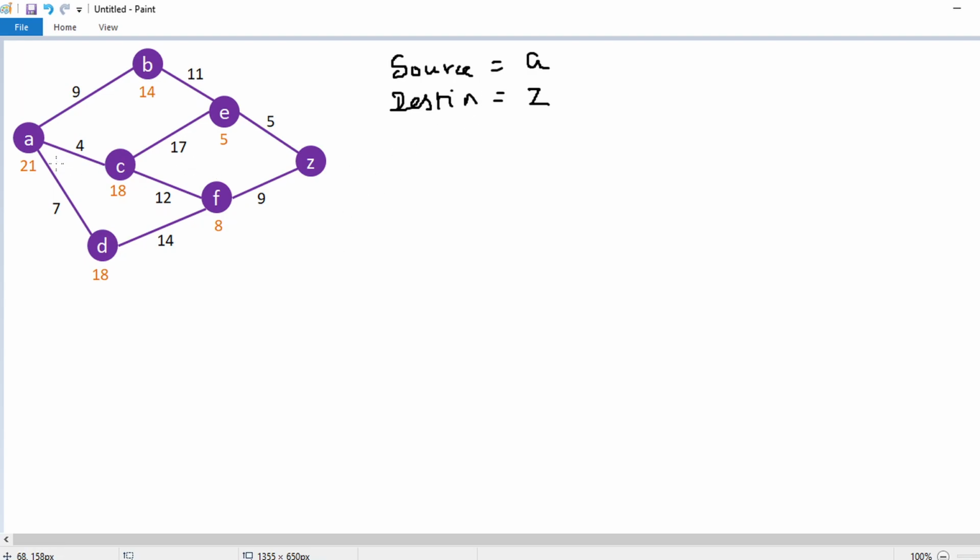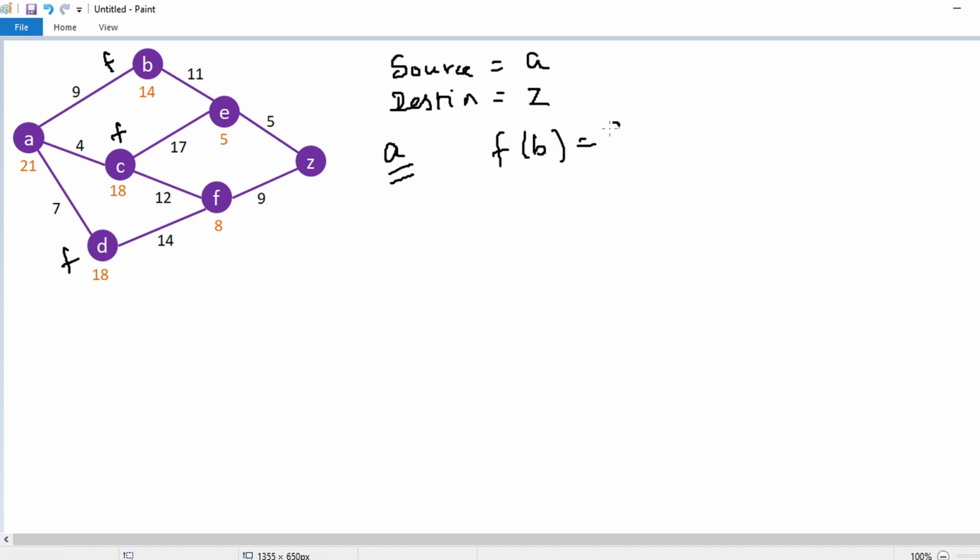Now since I am in A, from A I can go to B, I can go to C, and I can go to D. So we have to find the path F for B, C, D. So what is F of B?